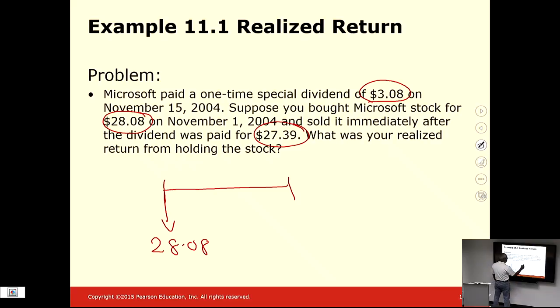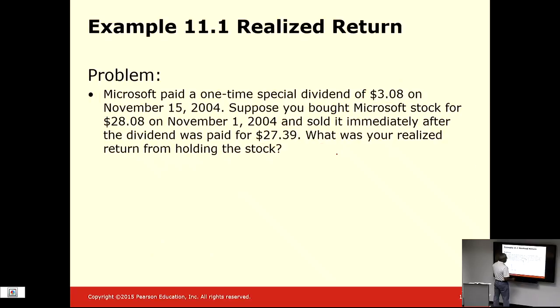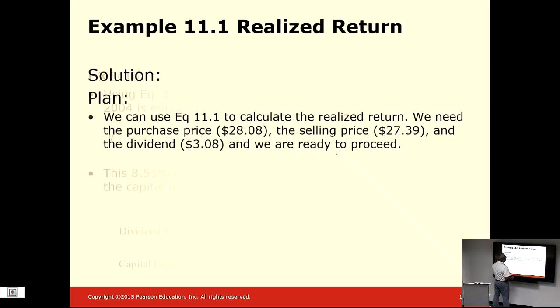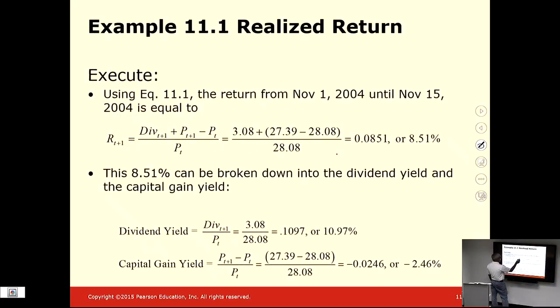It's the dividend plus the ending stock price minus the beginning stock price, the whole thing divided by the beginning stock price, and that'll give you 8.51%.